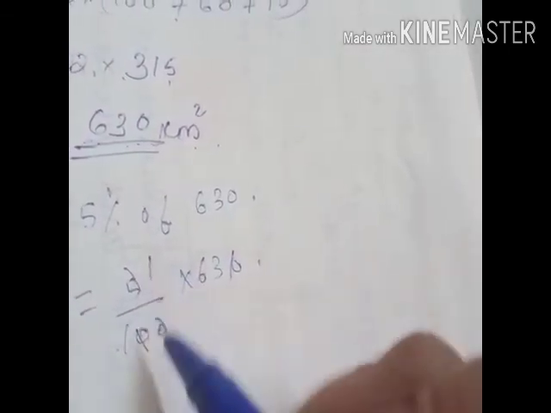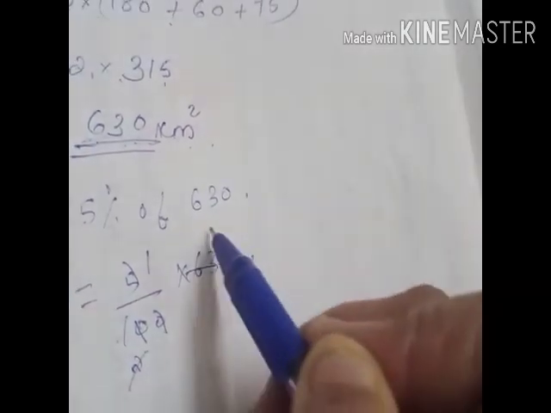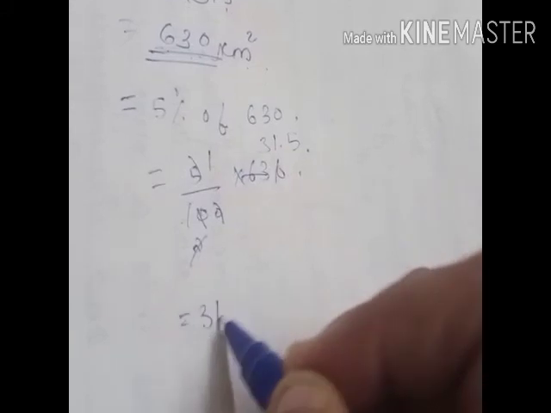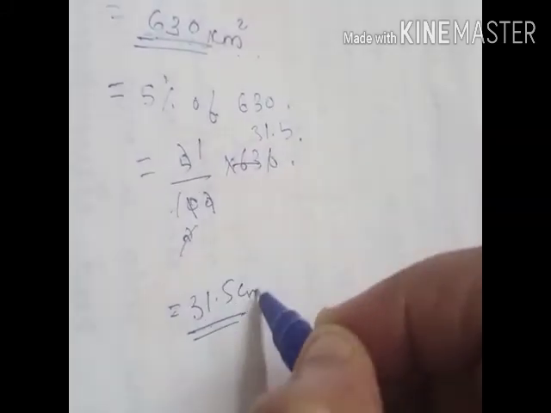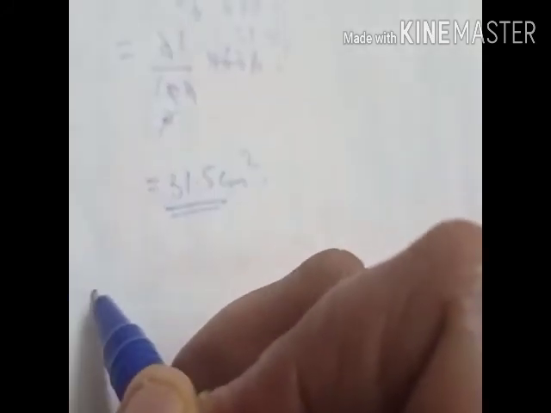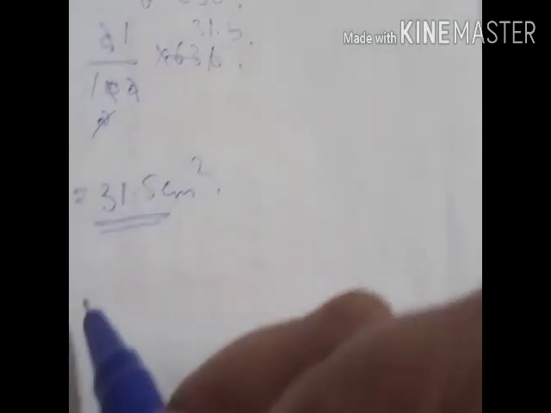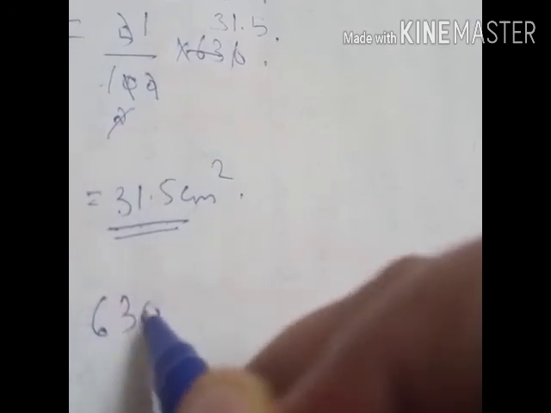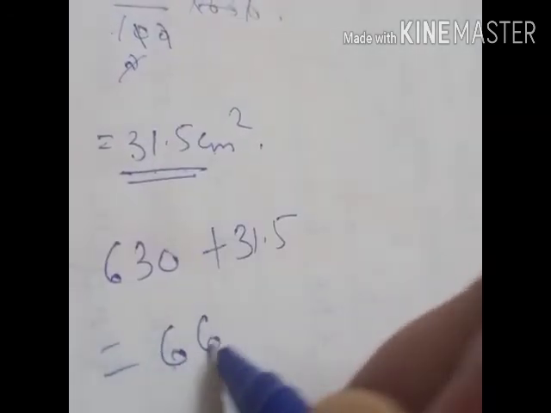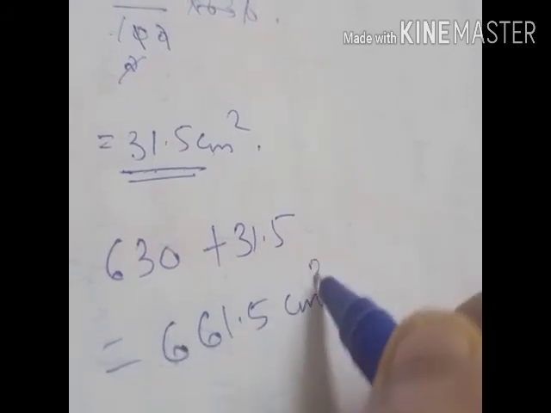That is equal 31.5. So 31.5 centimeter square we required for overlapping. For the total area or total cardboard required is what? The 630 plus 31.5. That is equal 661.5 centimeter square.